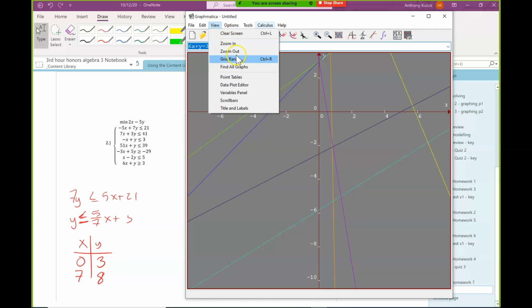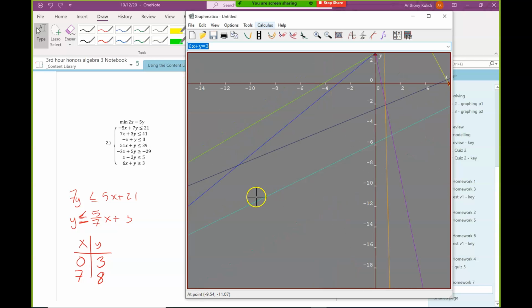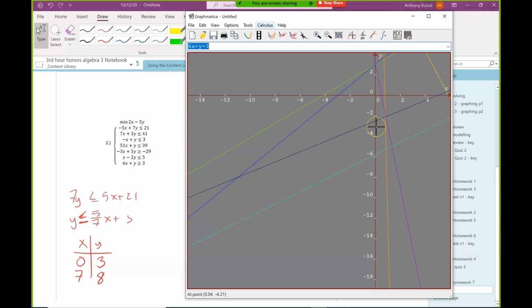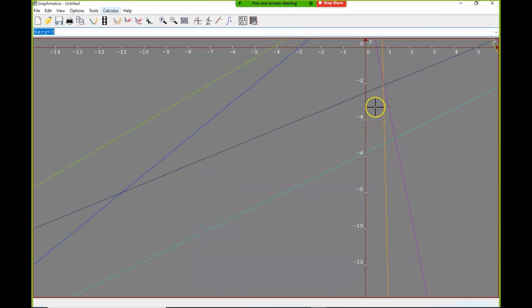So let's fiddle with our grid range here a little bit and get a little bit better of a picture, and we'll sum this up.